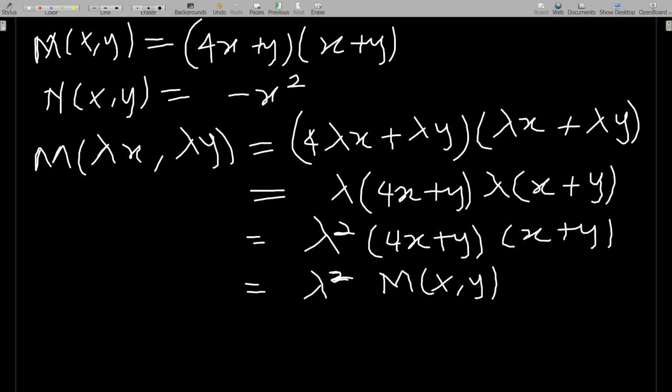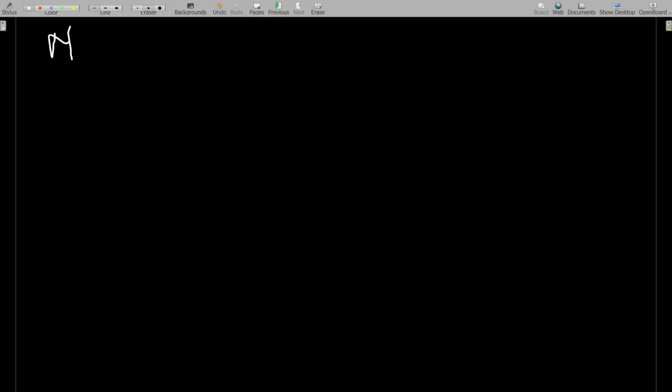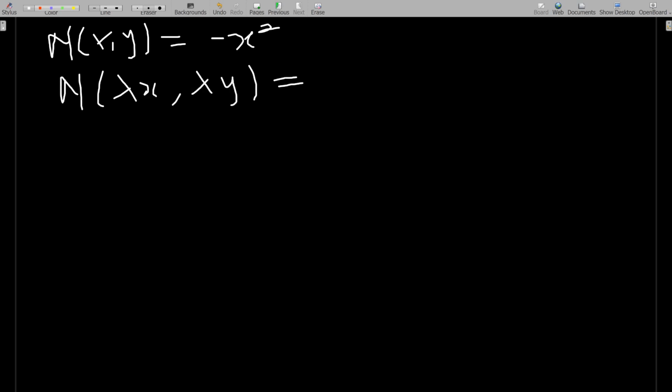This is homogeneous because we've been able to write this as lambda to the power something times M of xy, which has a degree of 2. Then N of xy is equal to minus x squared. So N of lambda x, lambda y is equal to minus, there's no y here, so I just put only the x here, and this will give me minus lambda squared x squared.